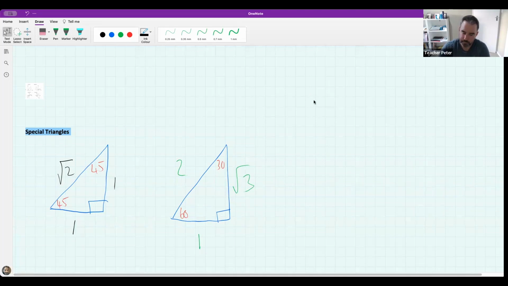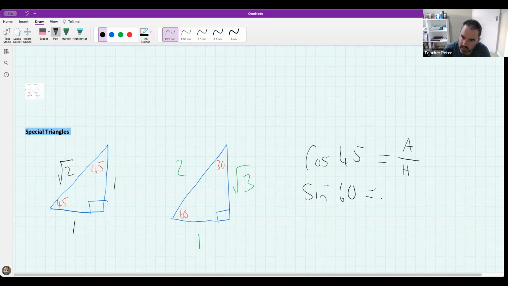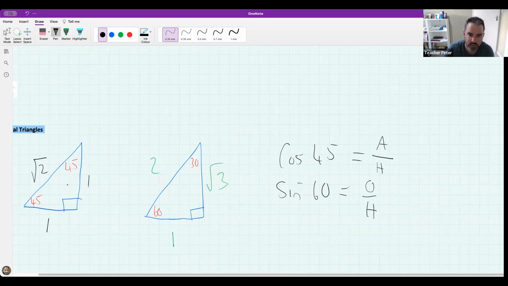Okay. So what these allow you to do is evaluate something like the cos of 45 or the sine of 60 without using a calculator. Let me show you how. You know that cos is A over H, or x over r, and the sine of 60 is O over H. So all you do is go to the triangle, and 45 clearly goes with that triangle.